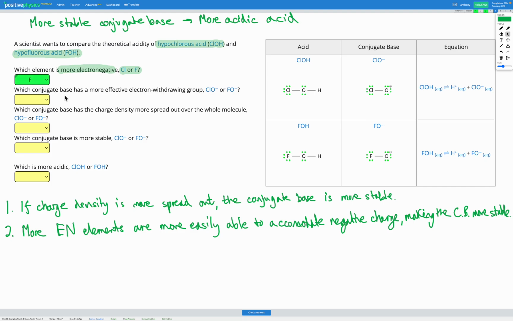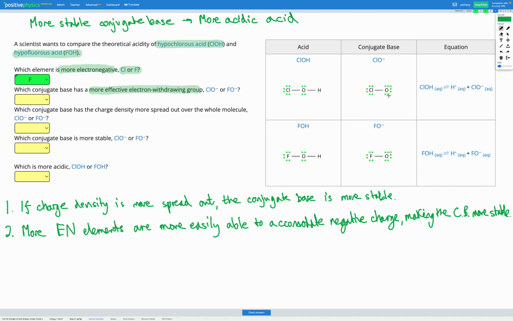We're then asked which conjugate base has a more effective electron withdrawing group. So let's have a look over here. We've got both of our atoms that have that extra electron on them. Those are called the acidic atoms. Both of those are oxygen, so those are the same atom as each other. They have the same electronegativity, but they're attached to different atoms.